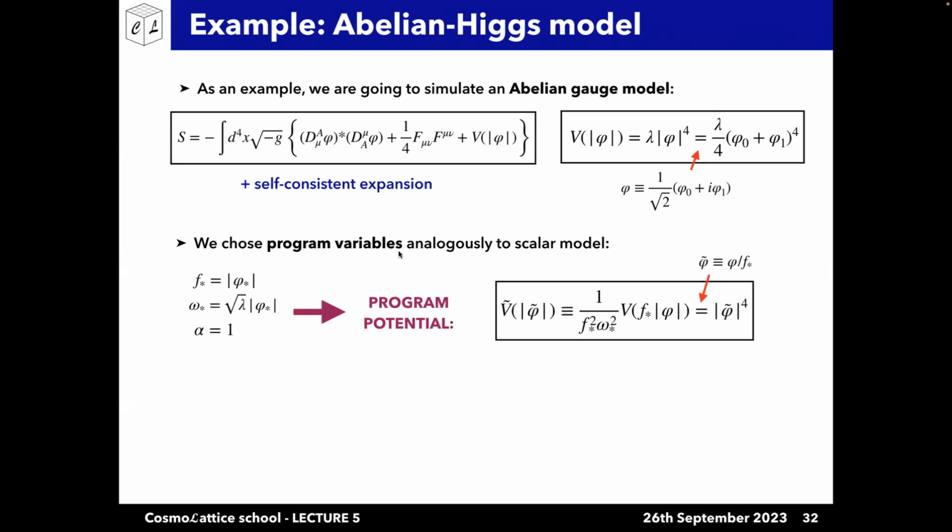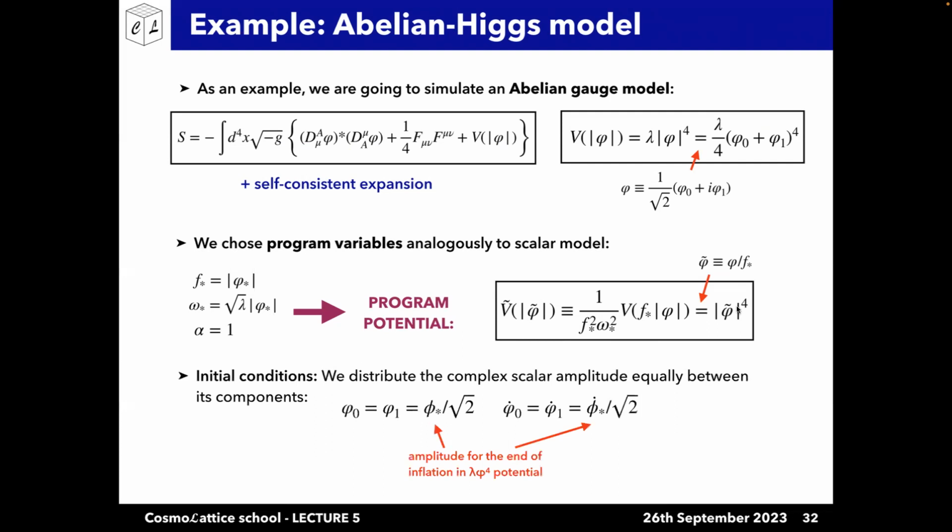So I'm going to choose program variables that are equivalent. I set f star to the initial amplitude of the complex scalar, I set omega star to the initial frequency of the oscillations, and alpha I set to 1 to have conformal time. And then I can compute the program potential and I see that it is phi tilde to the 4.